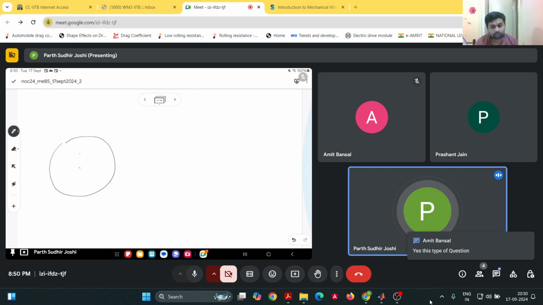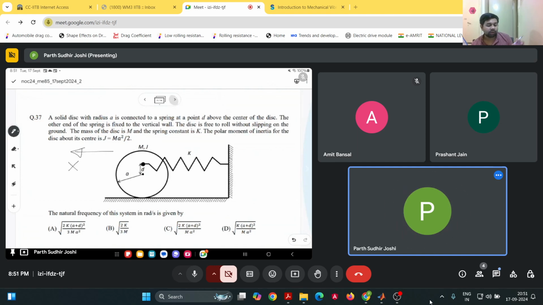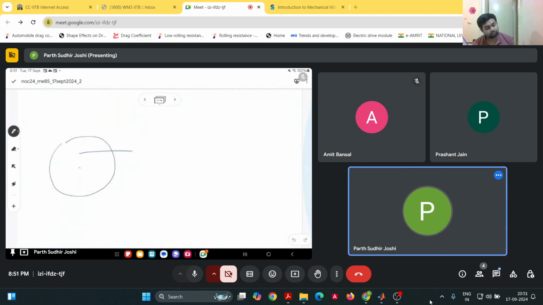If this is the center, now let us consider x as the coordinate, and if we have stretched the spring and released, let us say the spring is in tension. So this is the spring force.